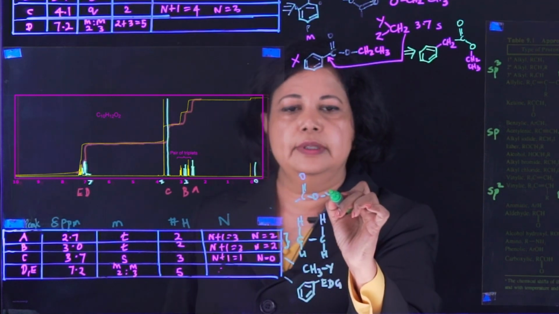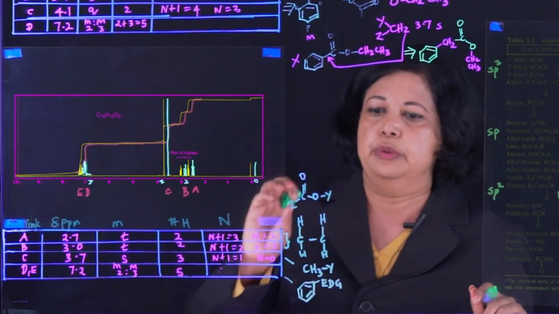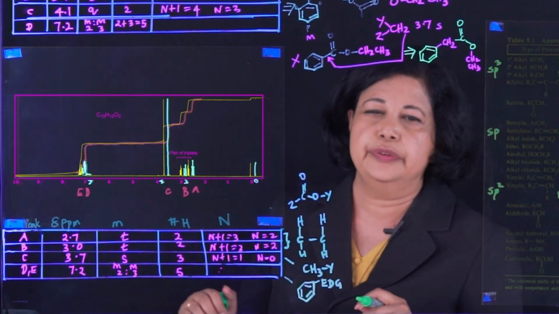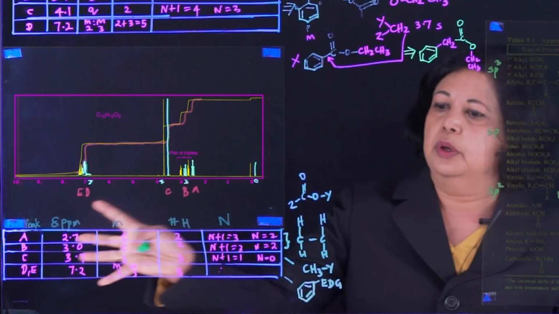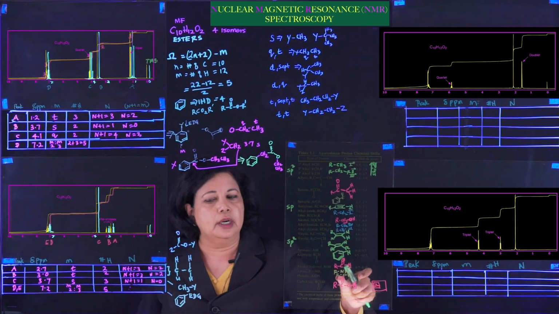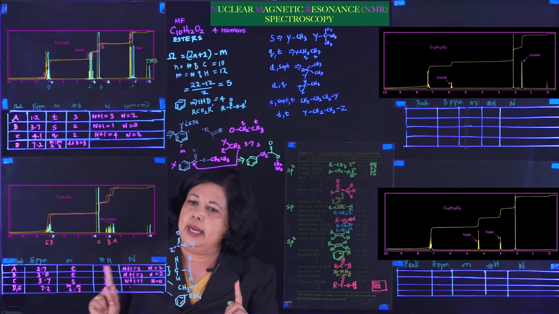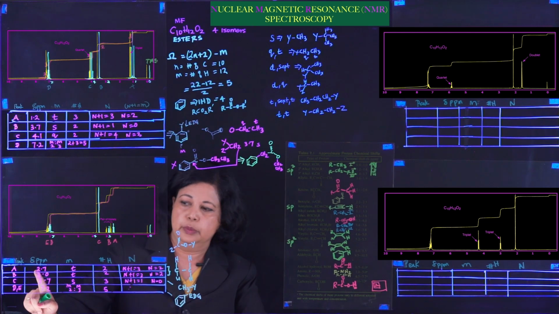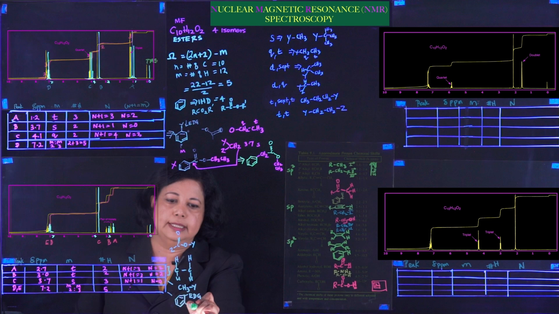It's a lot easier to get the pieces and then put them together, rather than trying to do it all in one shot. Because now we can take our time, look at the chart, and see where it should be if it had a delta of whatever these values are. 7.2, definitely those hydrogens are on benzene.